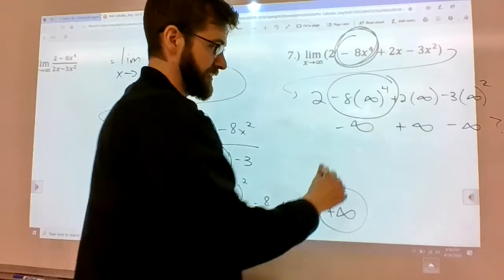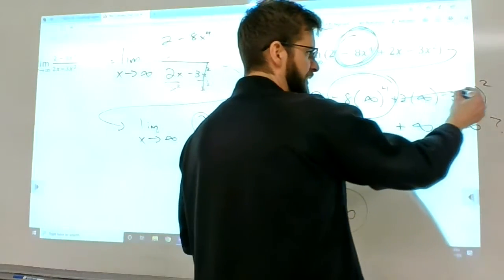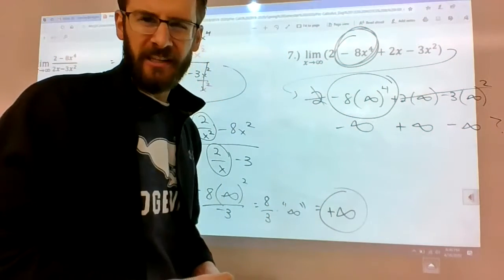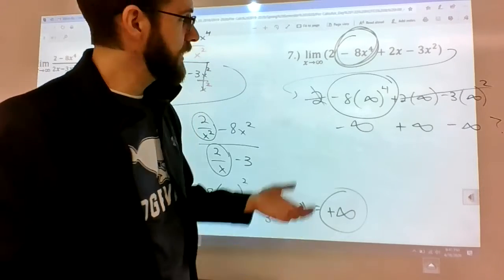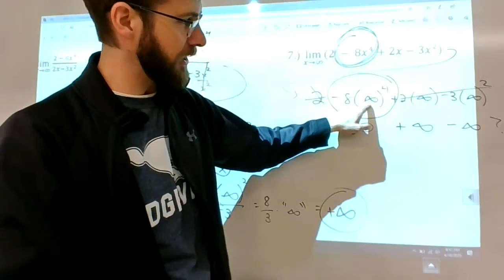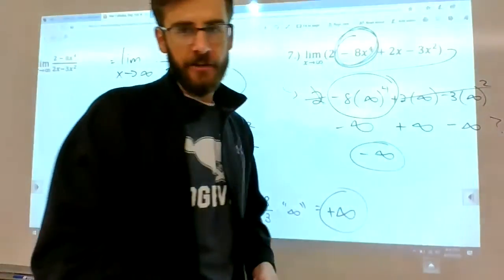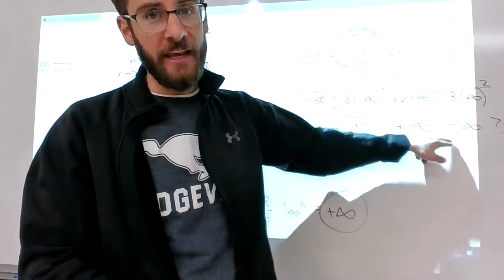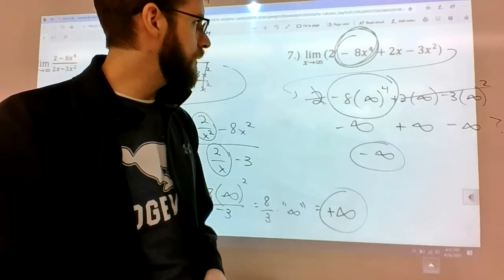So our answers, this and this and this, we're not regarding them very much. We're not saying like, hey, you guys count. That's the only one that really counts. So when you plug in infinity here, you get negative infinity. And that's the answer. It's not that these 2 infinities cancel each other out and you're left with negative infinity at the end.